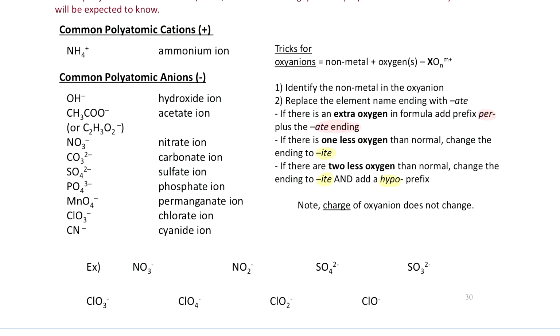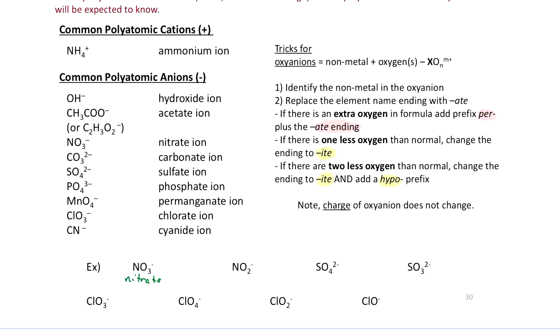So let's look through some examples. I think it's better to know the examples. My strategy here is to memorize sulfate, chlorate, nitrate, the regular ate endings, and recognize that if you adjust the number of oxygens, you apply that oxygen name-changing tip. NO3 minus, what do we call that?